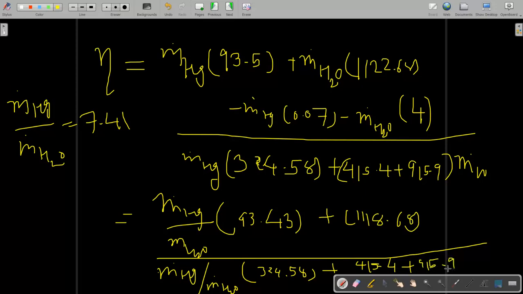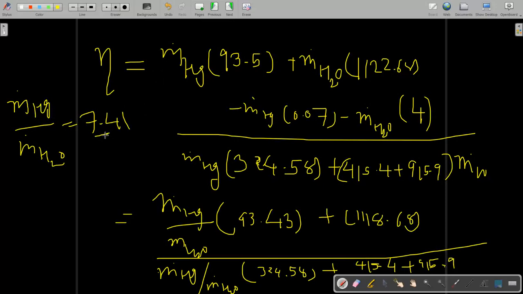Why I'm writing this separately: because one is supplied to superheat the steam, this 915.9, and 415.4 kilojoule per kg of steam is supplied as sensible heat, not to convert from liquid to vapor, but from 40 bar and 40 degree to 40 bar and 250 degree. So we can find the enthalpy, and we have the ratio value 7.41.